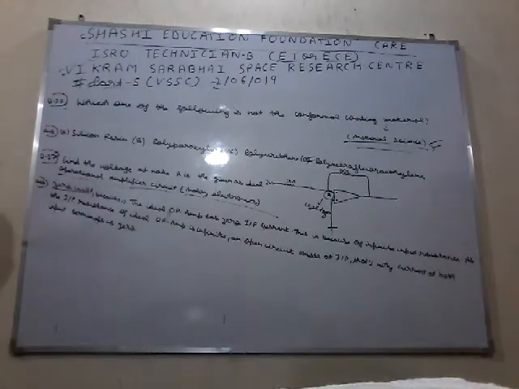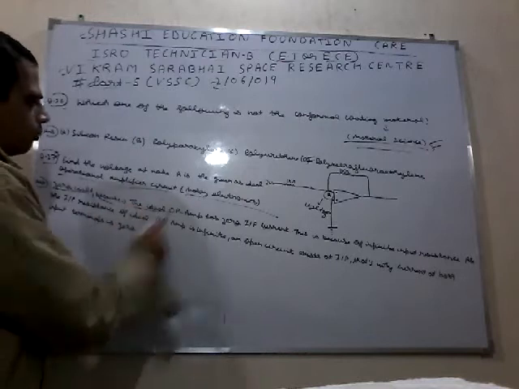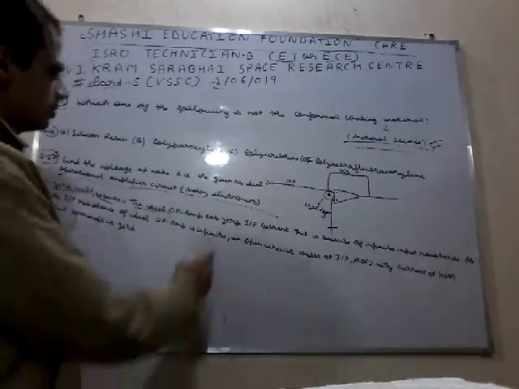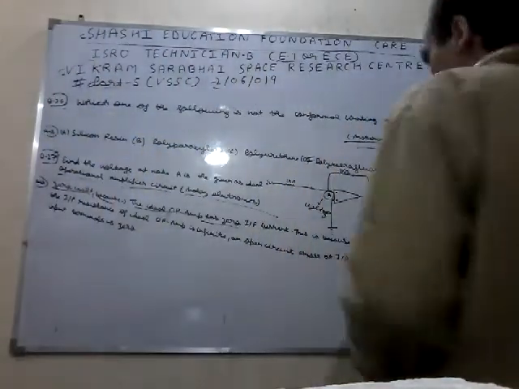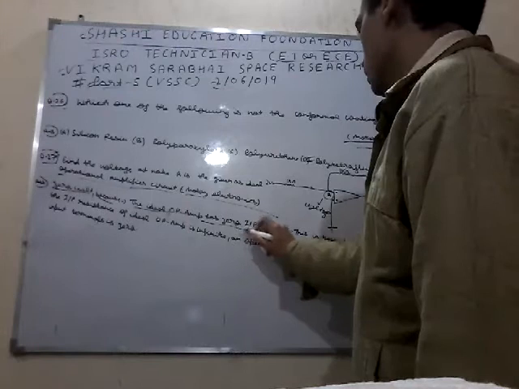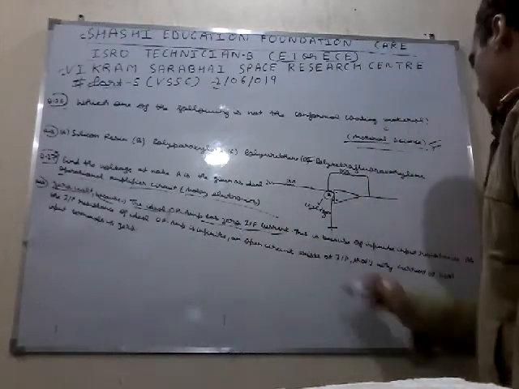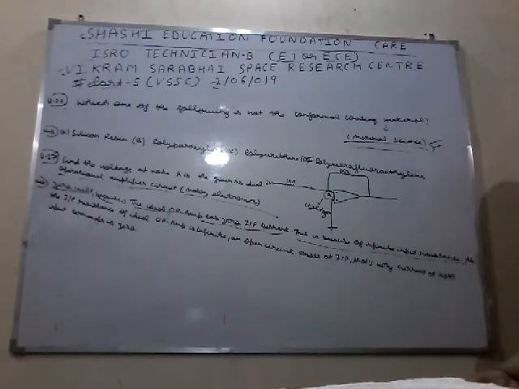Reason: because the ideal operational amplifier has zero input current, right? It's true. We can't give any signal, so it has only zero input current. This is because of infinite input resistance. Why the infinite input resistance?